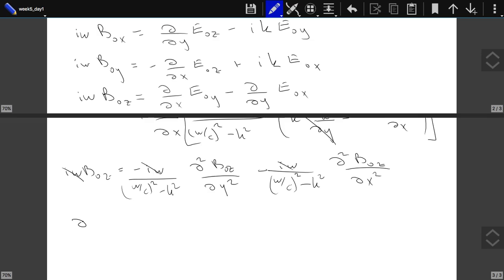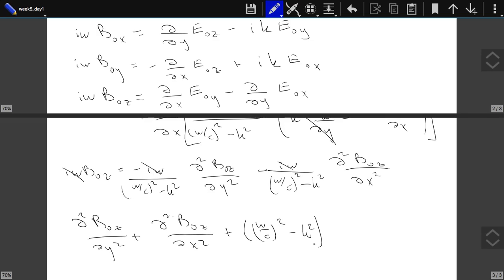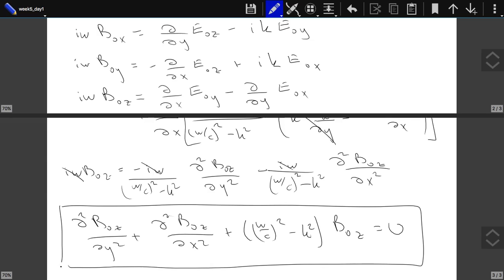So I have del squared B0z by del y squared plus del squared B0z by del x squared plus (omega squared over c squared minus k squared) B0z should be equal to 0. So now I have one solution. B0z should be a solution of this equation.